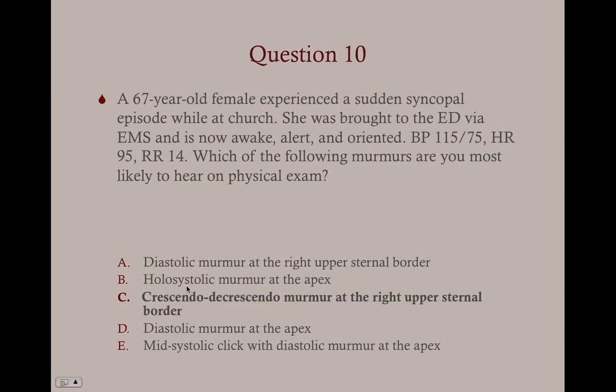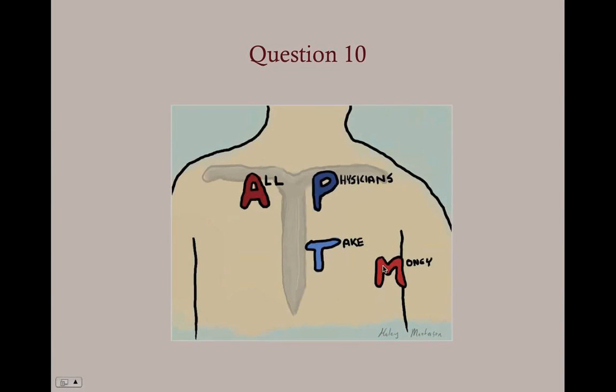Okay, so if you hear a holosystolic murmur at the apex, we know it's a mitral valve murmur because it's at the apex. When would you hear a systolic murmur at the apex? We know that during systole, blood is supposed to be flowing through the aortic valve. It's not supposed to be flowing through the mitral valve.